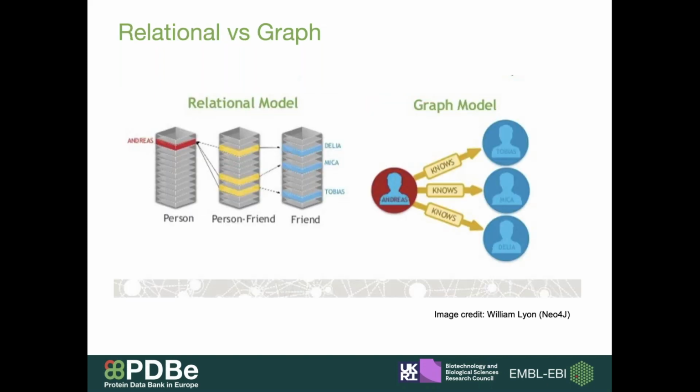So let's see where the relational model and graph model stand. How do you represent an entity or a real-world object in a database? On one hand, we have the relational model, which uses a ledger-style structure. You have data represented in a table with columns as properties and rows as records. Then we use foreign key constraints to create relationships between tables.